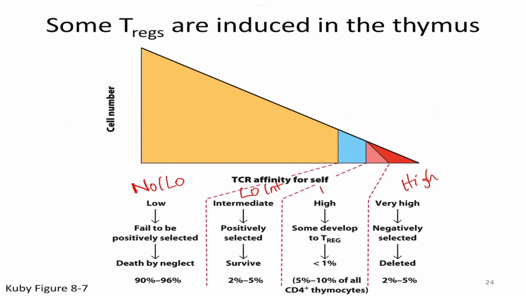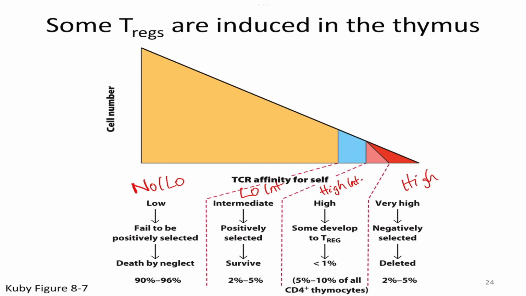And then I told you that there was this other thing that happened with the cells that had a sort of high medium or high intermediate affinity. These cells are getting closer to the danger zone. Remember that we have this danger issue in terms of all of our T cells have to be a bit self-reactive. These are on the higher side of self-reactivity. They're not so high that we want to kill them.